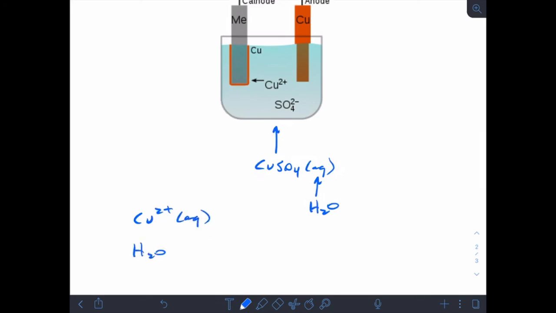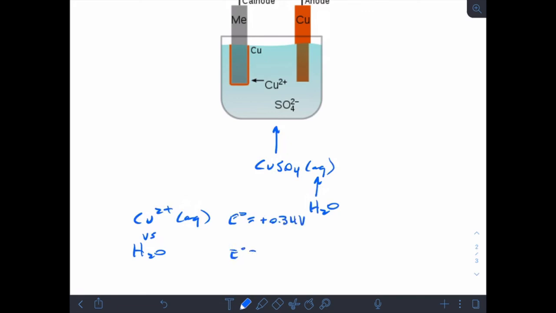My E0 for the copper is plus 0.34 volts.